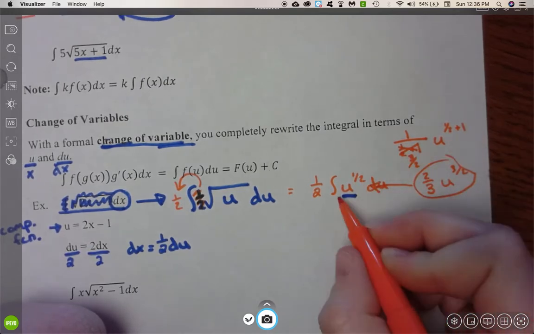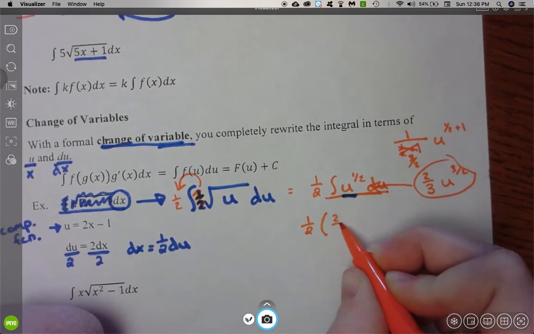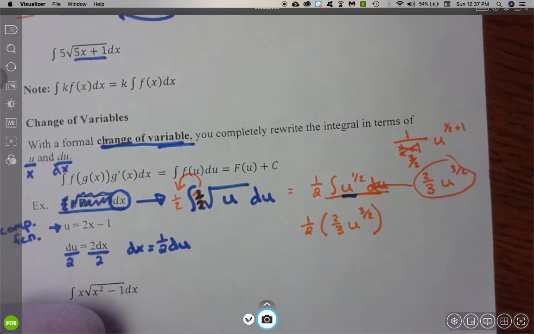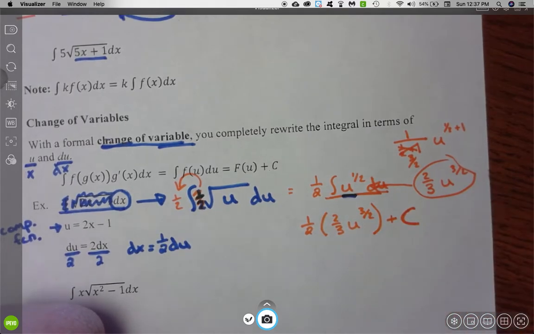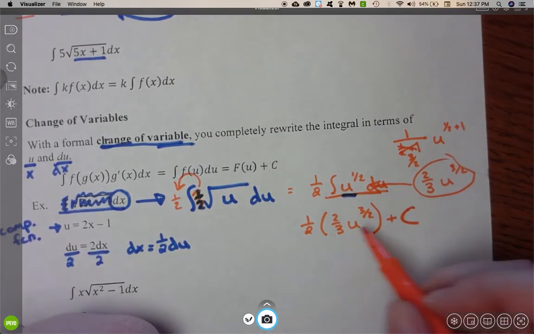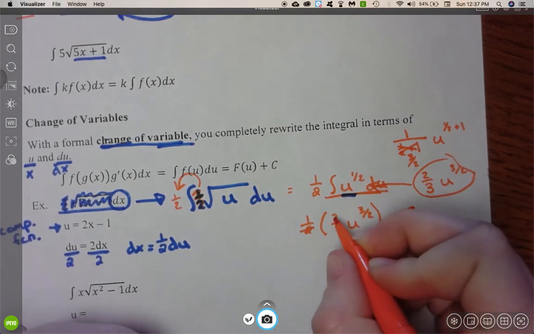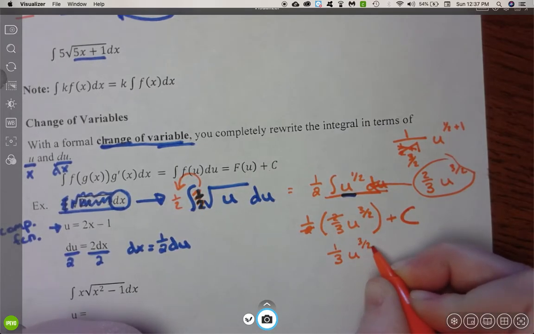I have 1/2 times 2/3 u to the 3/2 power. Don't forget your plus c on the end, because we're not plugging in numbers here. Then I simplify: 1/2 times 2/3, those 2's cross out, so 1/3 u to the 3/2 power plus c.